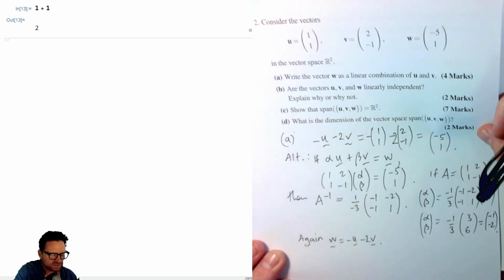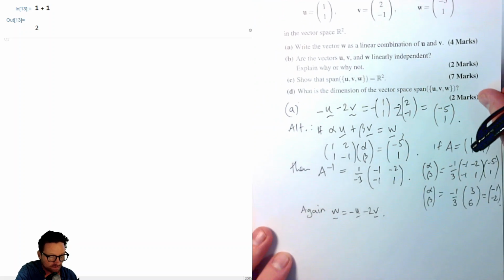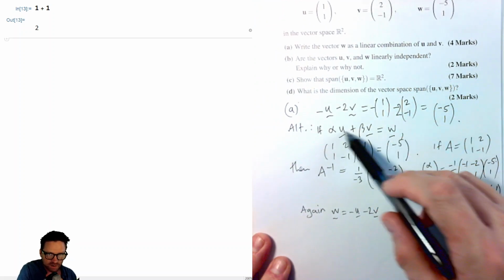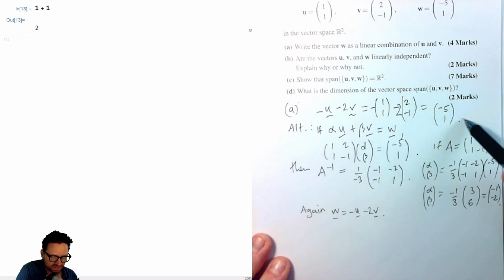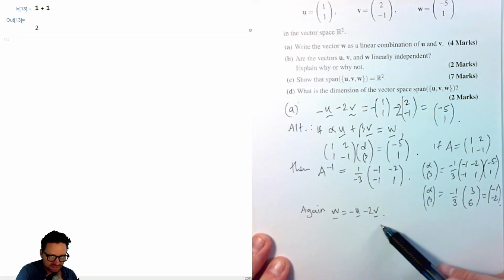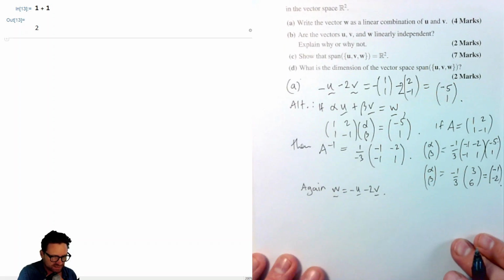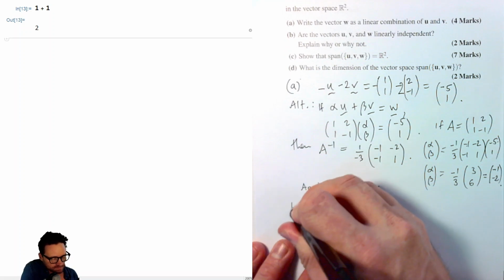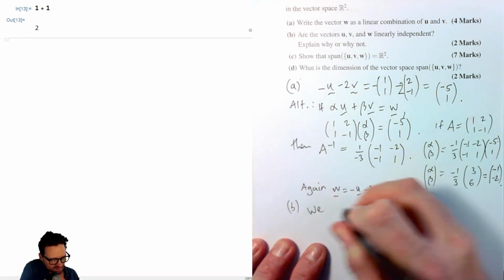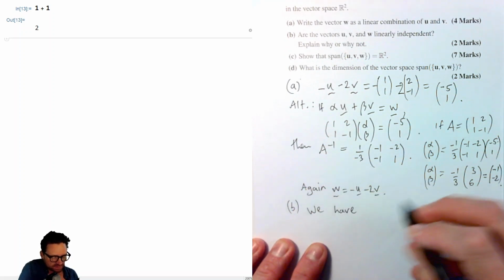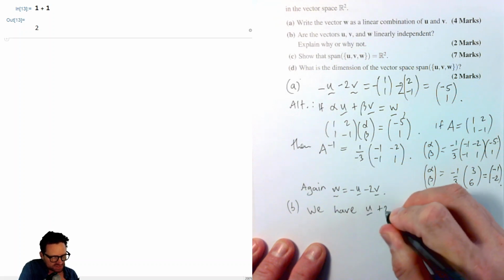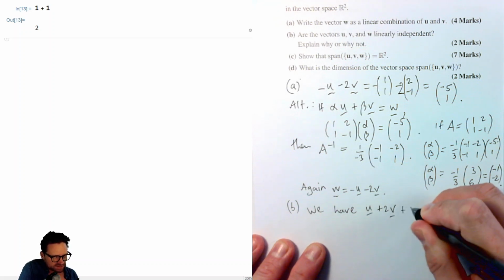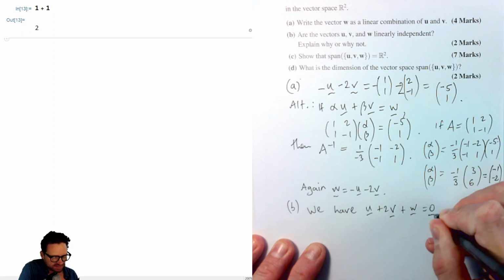Are the vectors u, v, and w linearly independent? Well, no, because this one right here shows you that they are dependent. And so let's write that dependence and say we have u plus 2v plus w is the 0 vector.